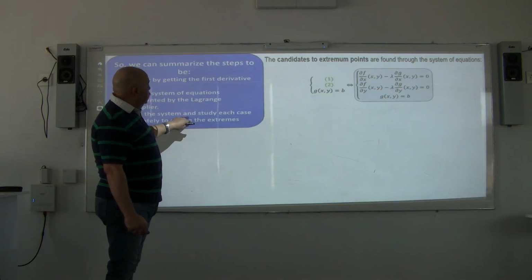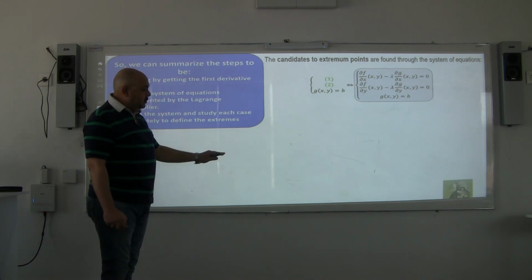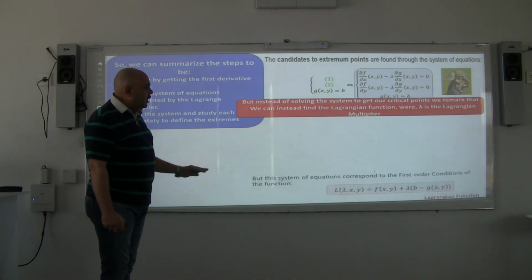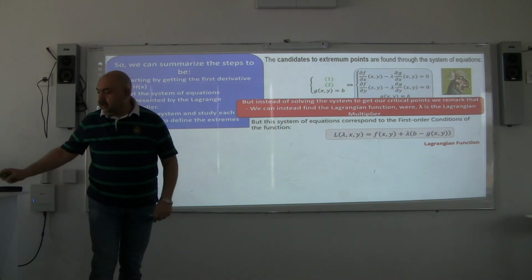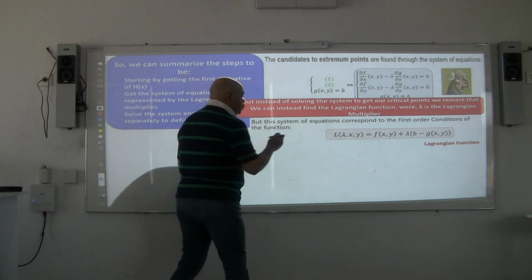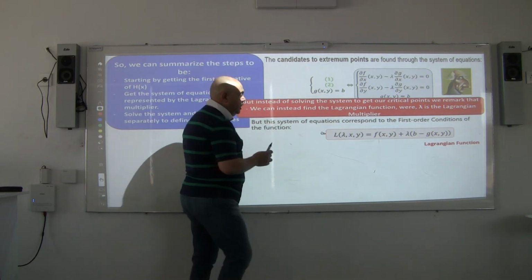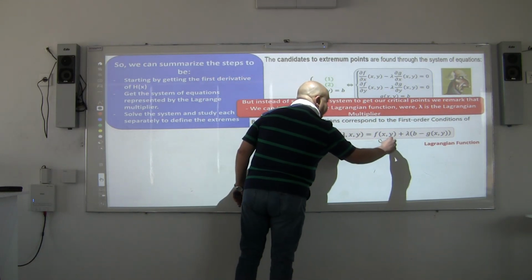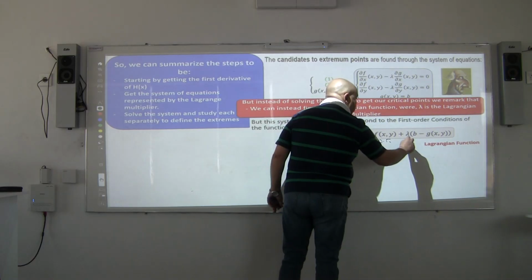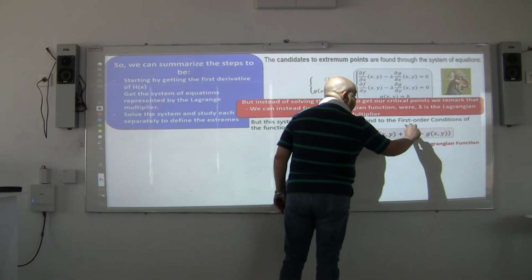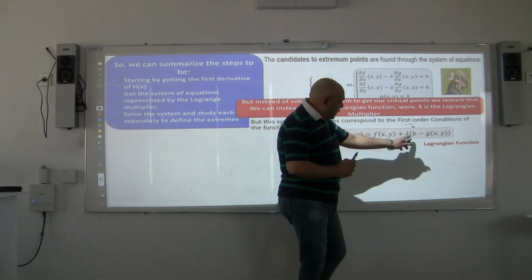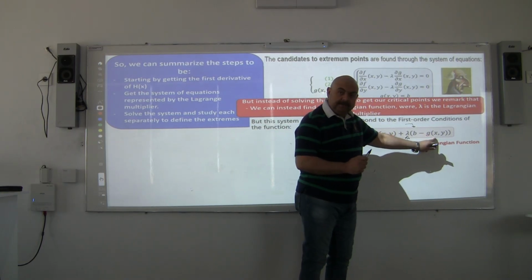That's the introduction. We'll find the details of this method with everything in the slides. This is the Lagrangian function that I need you to take a good look for. That's what we mean by Lagrangian function. This is the objective function. That's lambda, which is greater than 0, times the constraint, b minus g of x and y.